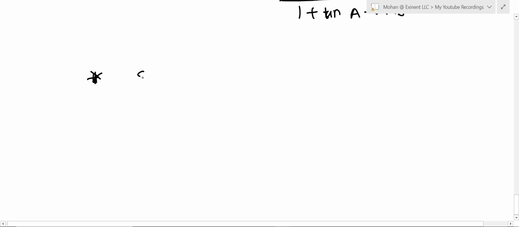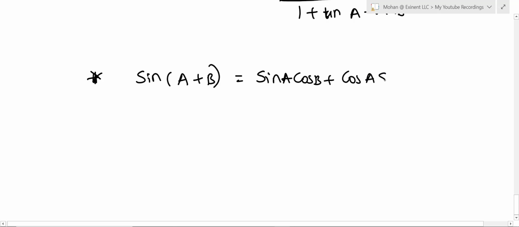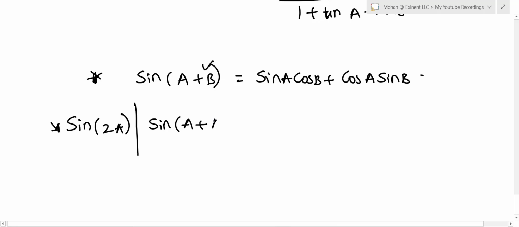So what I told is sine of A plus B is sine A cos B plus cos A sine B. So how to get this formula? I am trying to derive the formula for sine 2A. How can I get it? You put B also as A. So that would become sine of A plus A. So basically in these formulas you have replaced B with A. So this will become sine 2A.